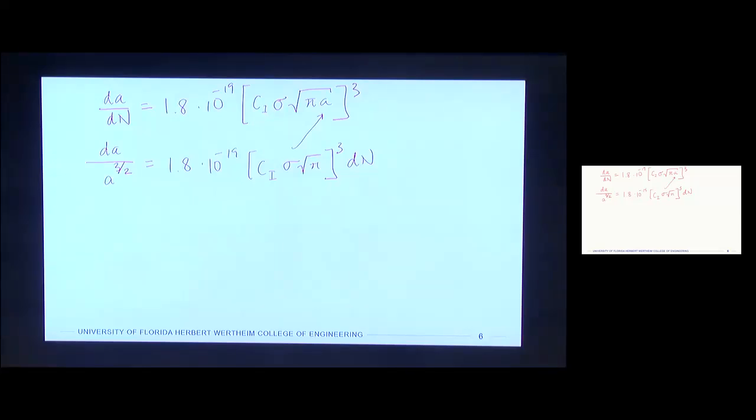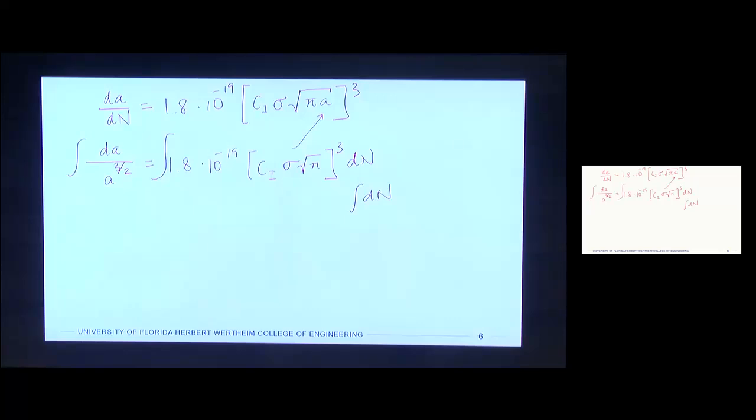Okay, so let's integrate both sides. So we can just draw an integral on both sides like that, right? Or we could even draw this side as the constant out front and then just integrate dN, since there's no N in the function.